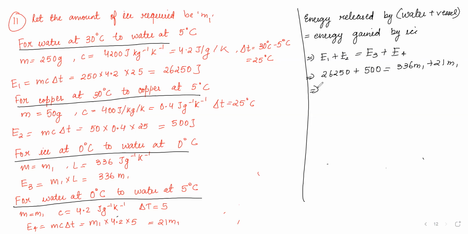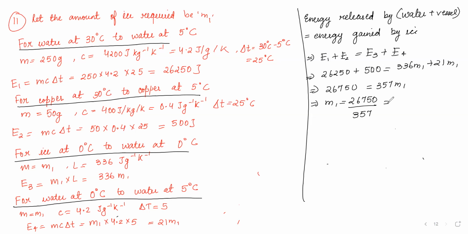So this implies 26750 is equal to 357 M1. So this implies M1 will be equal to 26750 divided by 357. We'll just calculate this.